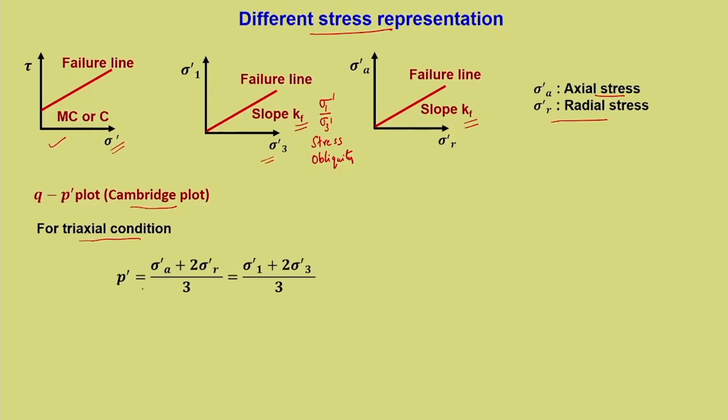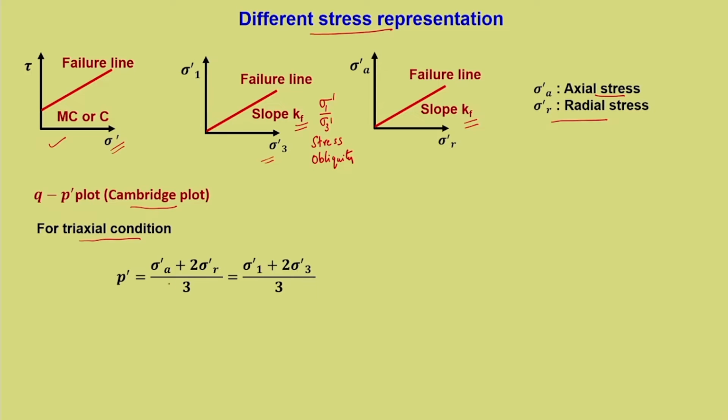In today's representation we will confine ourselves to triaxial condition, and q and p dash for triaxial condition we have already evolved in the previous lecture. Accordingly, we know p dash, the mean stress, is sigma A dash plus 2 sigma R dash by 3, which in terms of principal stresses is sigma 1 dash plus 2 sigma 3 dash by 3.